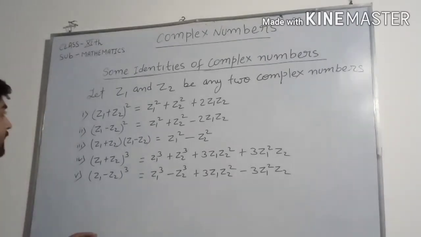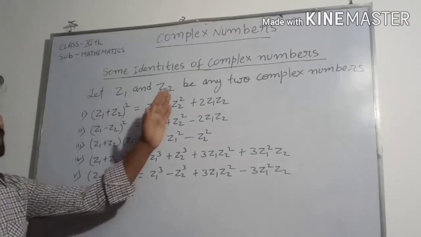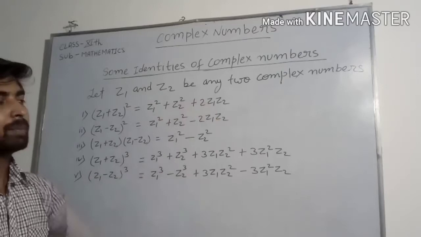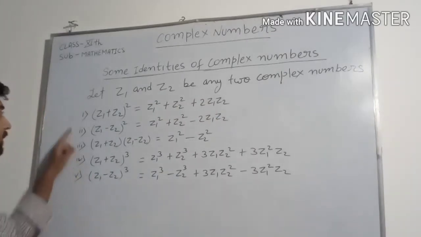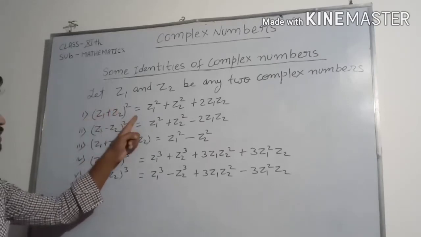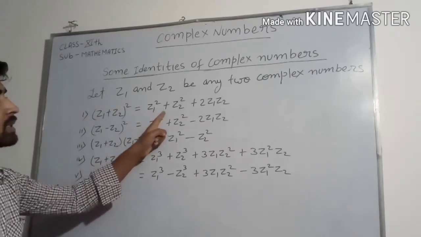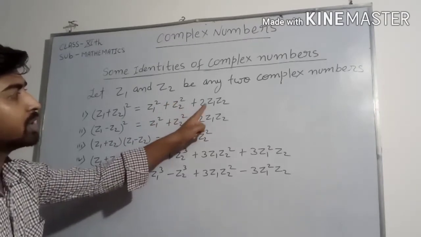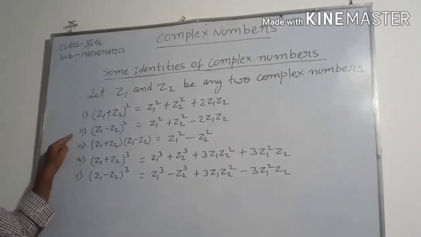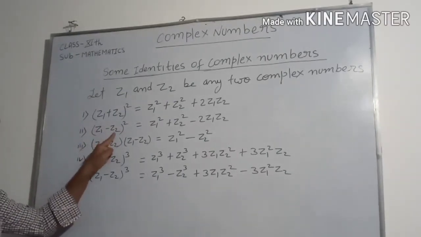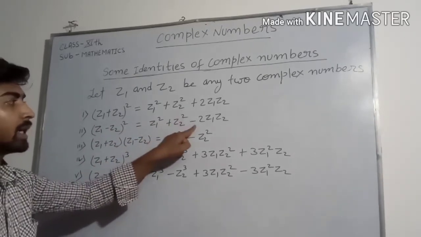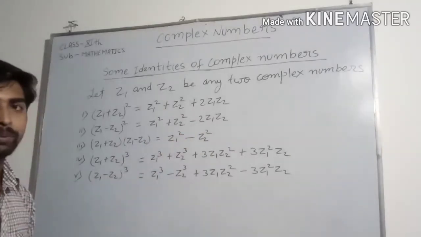Students, these are identities of complex numbers when Z1 and Z2 are any two complex numbers. Whole square of Z1 plus Z2 equals square of Z1 plus square of Z2 plus 2 Z1 into Z2. Second identity is square of Z1 minus Z2 equals square of Z1 plus square of Z2 minus 2 Z1 into Z2.